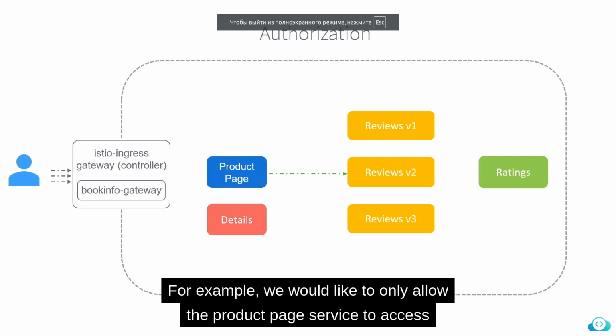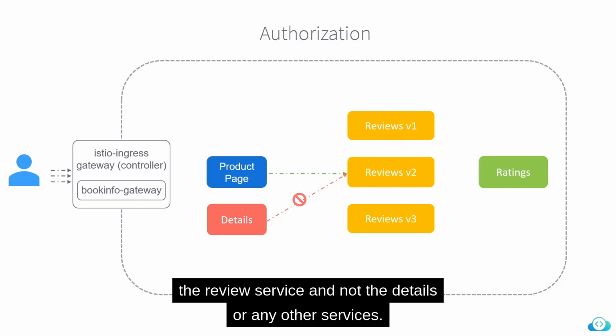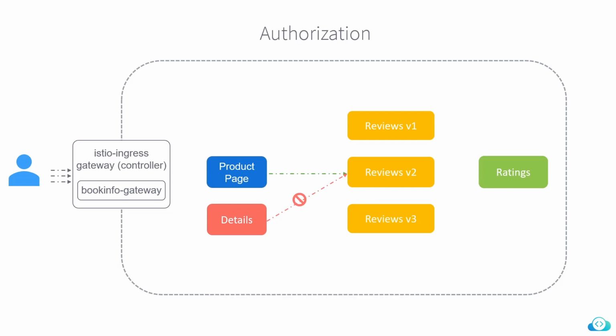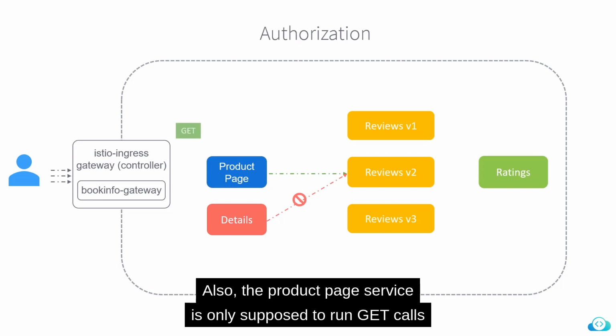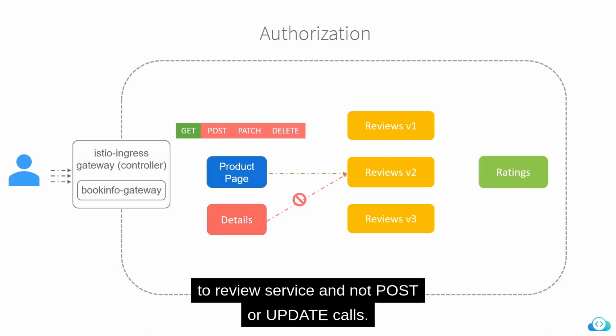For example, we would like to only allow the product page service to access the review service and not the details or any other services. Also, the product page service is only supposed to run GET calls to the review service and not POST or update calls.